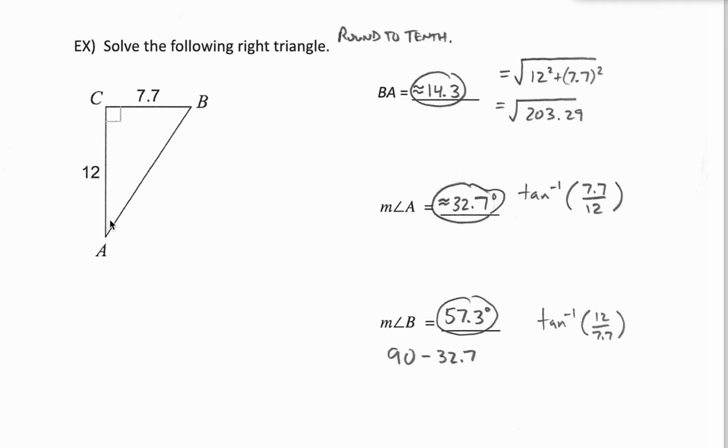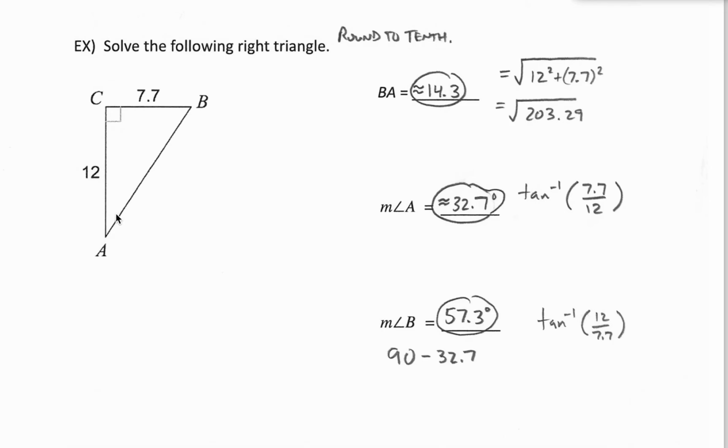Angle A is across from or opposite from this side length and next to or adjacent to this side length. So opposite and adjacent sides remind me to use tangent. So I'm going to use my inverse tangent of that opposite to adjacent ratio, 7.7 over 12, and our calculator does the rest for us, and it tells us our angle measure is about 32.7 degrees.